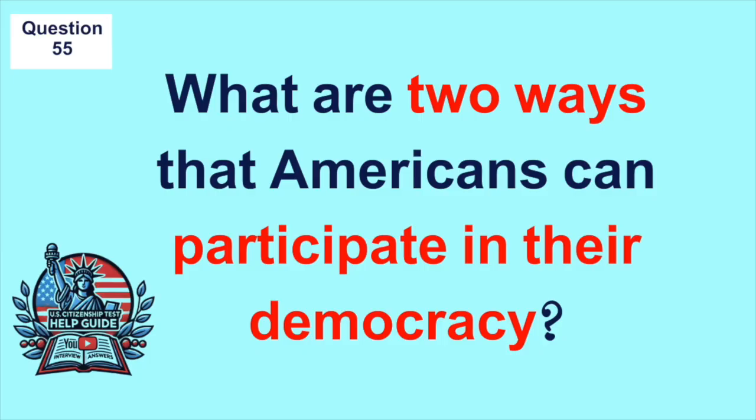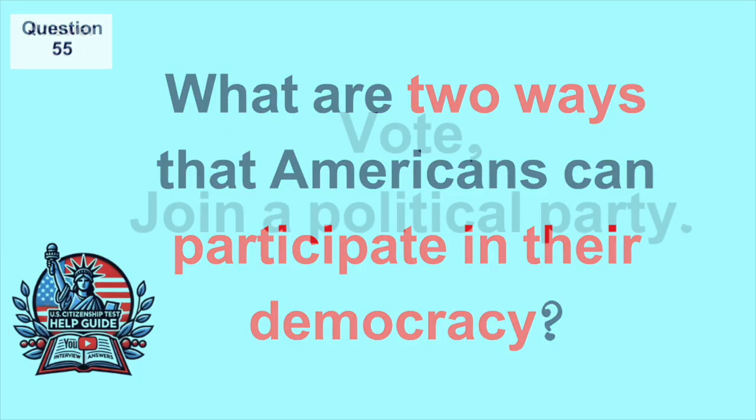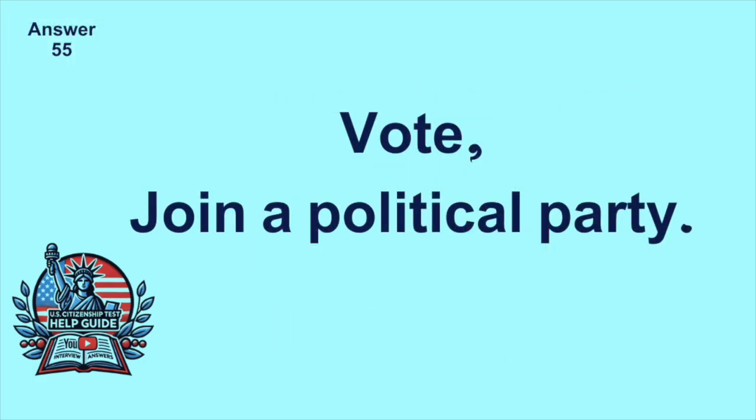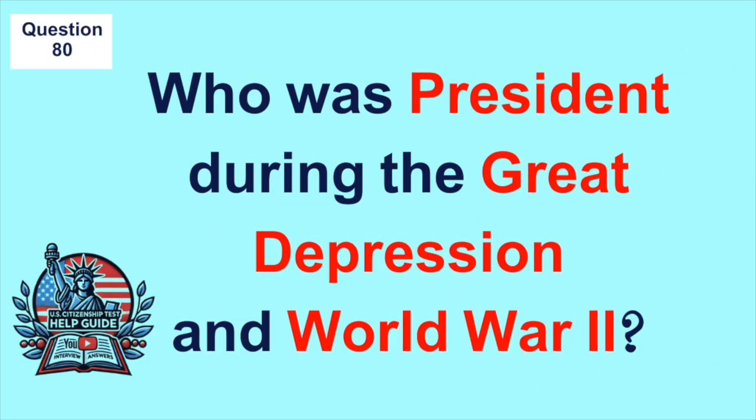What are two ways that Americans can participate in their democracy? Vote. Join a political party. Who was president during the Great Depression and World War II?